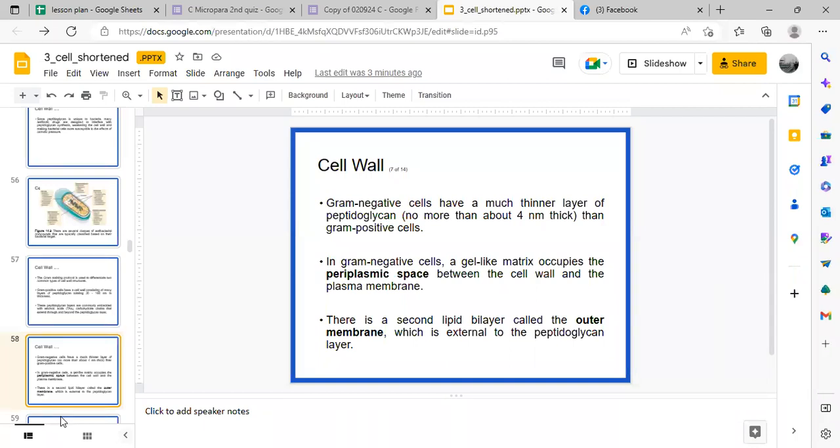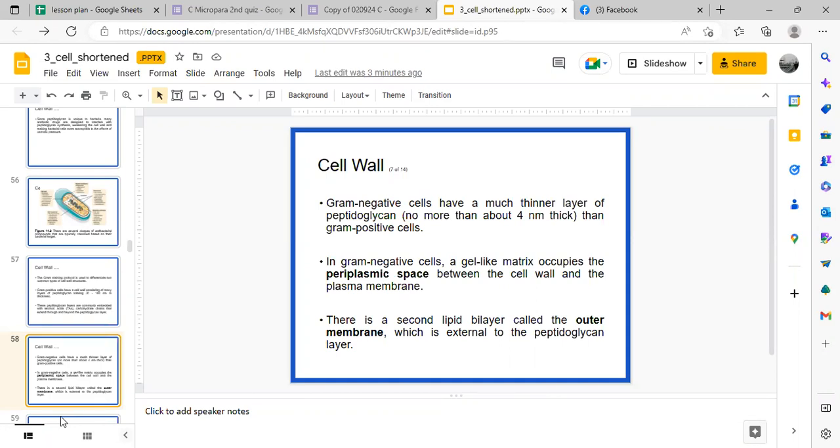In gram-negative cells, the walls are thinner. So you have thinner layers of peptidoglycan. And in gram-negative cells, you have the periplasmic space between the cell wall and the plasma membrane. Then in addition, you also have an outer membrane.